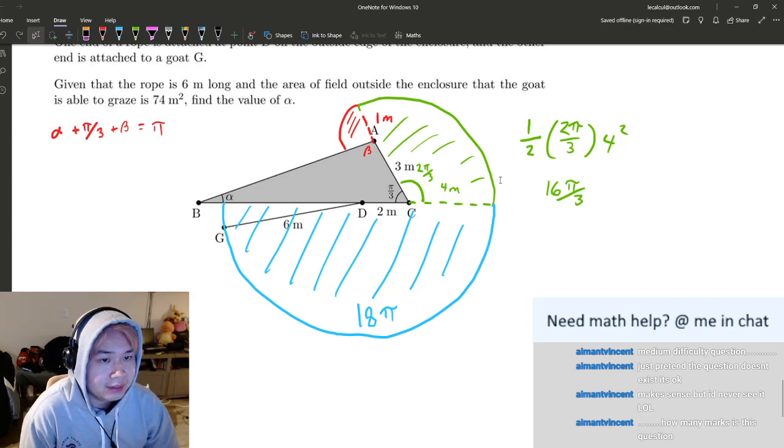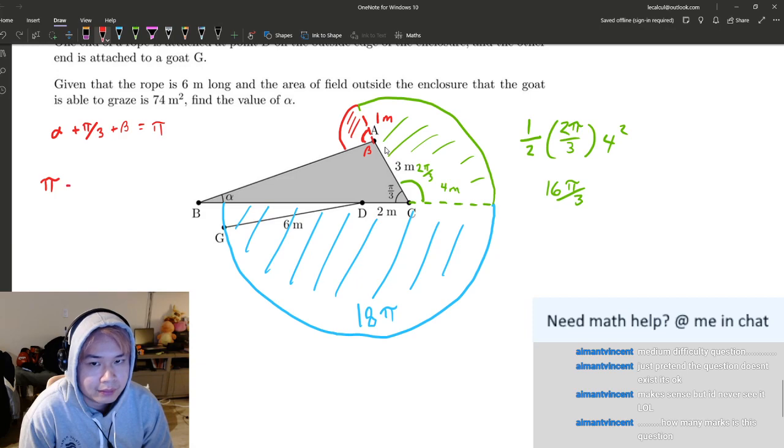And then at the same time, the angle of my sector, that angle is the supplement angle, because the sector angle and beta need to make 180 together. So that angle is pi minus beta.